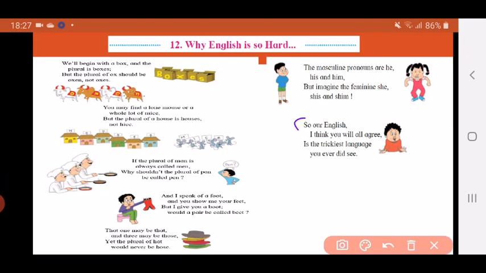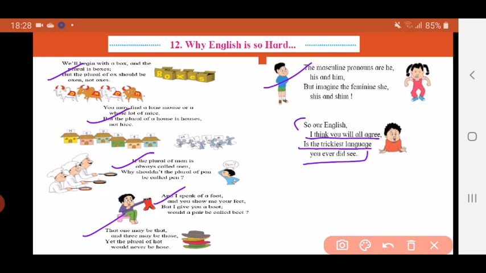So our English, I think you all will agree, is the trickiest language you ever did see. And that's why, for all these reasons that the poet has given you, he's saying, that's why. Now you will agree with me. I've given you so many examples where English is so tricky and difficult.